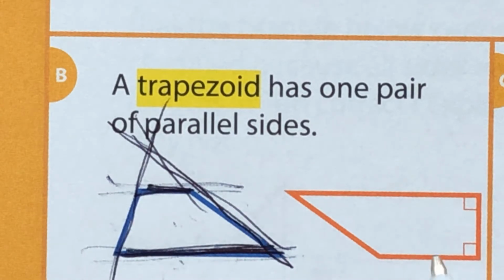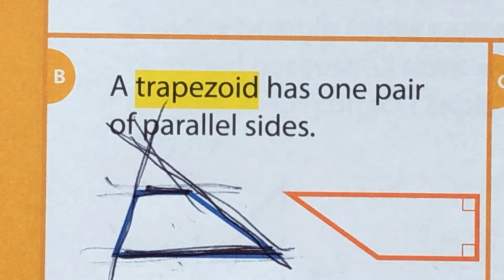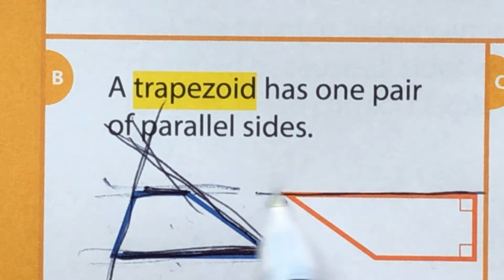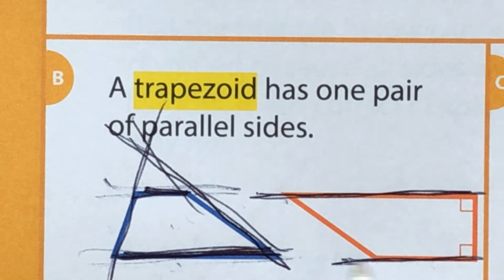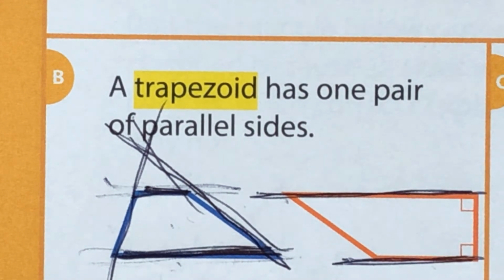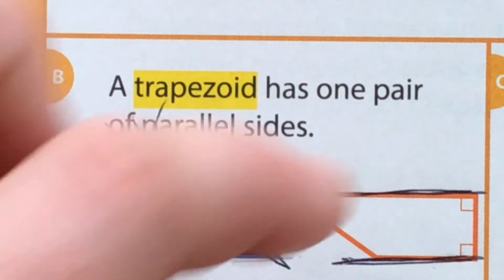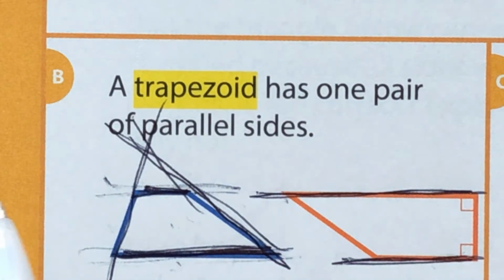Okay, this though, even though it doesn't look like a trapezoid, it still is a trapezoid, okay? Because if I look at it, this line and this line are parallel. They'll never touch. If we keep extending them, they'll always be the same distance apart. That's one pair of parallel sides. Pair means two, all right?